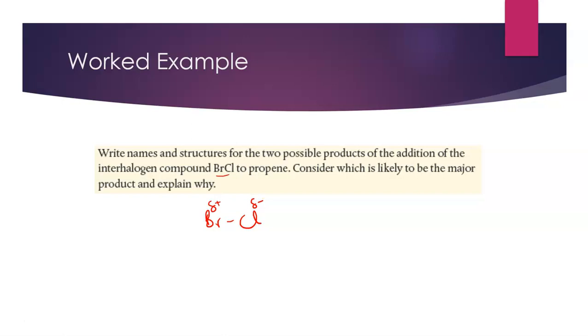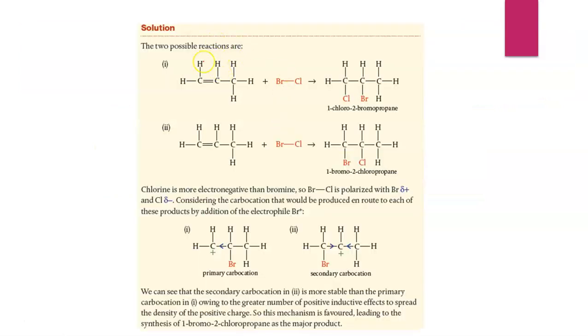So let's look at this in detail. What we have are two possible reactions. One is the attack of the double bond towards the chlorine, which pushes out the bromine, giving us initial attachment of the chlorine on carbon 1, and then the secondary attack of bromine onto the carbocation.